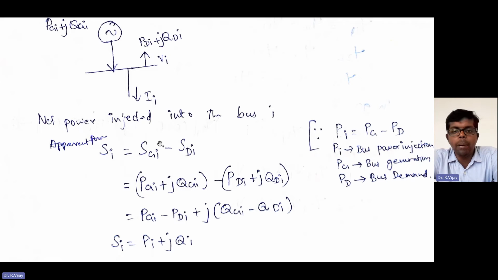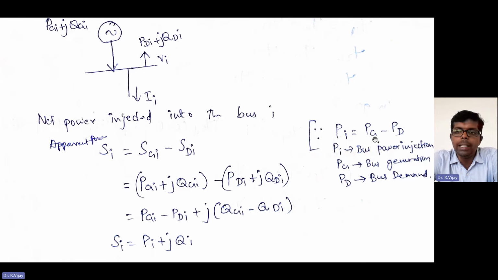That is from the power balance equation. The power balance equation is nothing but generation minus the demand. So the net power, loss is equal to generation minus the demand. Here SGI is the apparent power of generation, and SDI is the apparent power of the demand side. So PI is equal to PG minus PD.